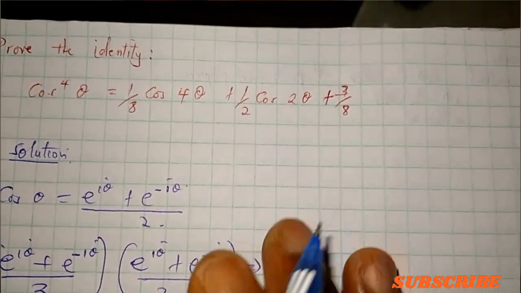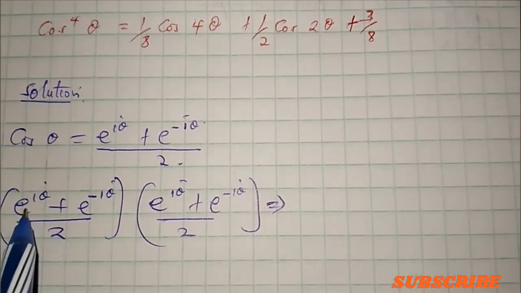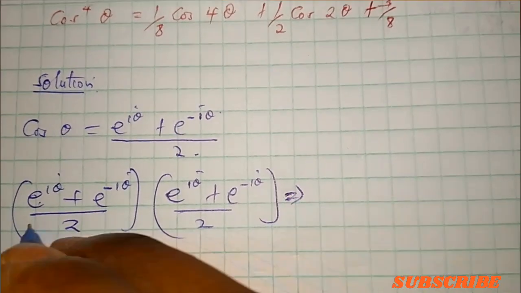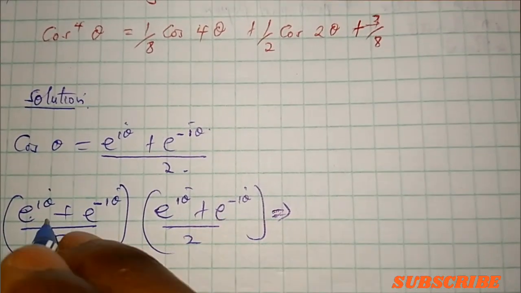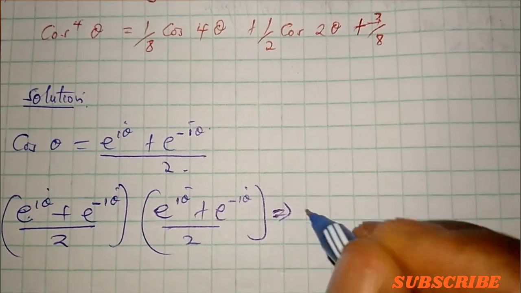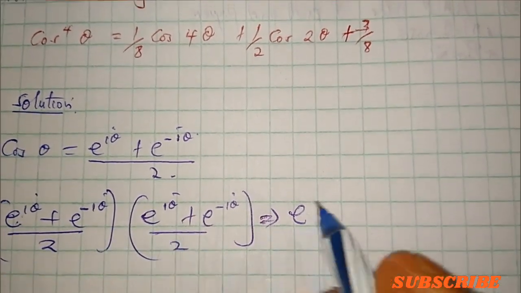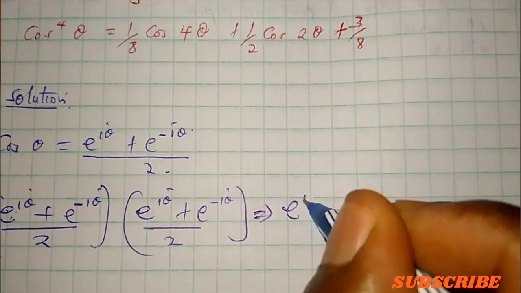This becomes e raised to the power i theta times e raised to the power i theta. The law of indices applies here: since it has the same base, e times e, it becomes e.